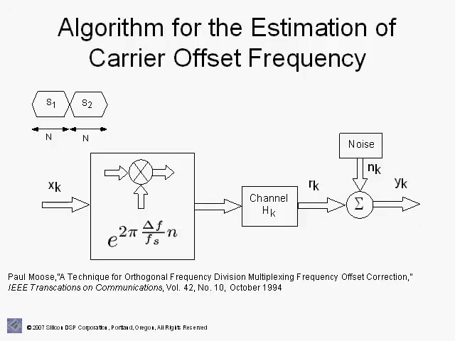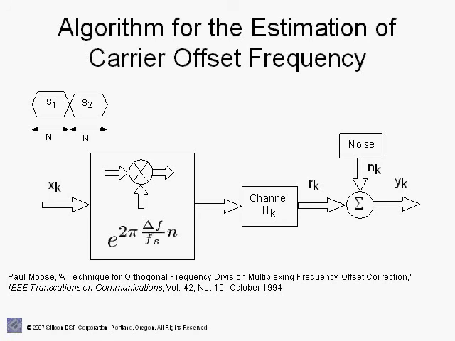A key component of an OFDM system is the estimation and correction for the carrier offset frequency between the transmitter and receiver, because if there is any carrier offset frequency between the transmitter and receiver, then the OFDM carriers lose orthogonality and you have inter-carrier interference.